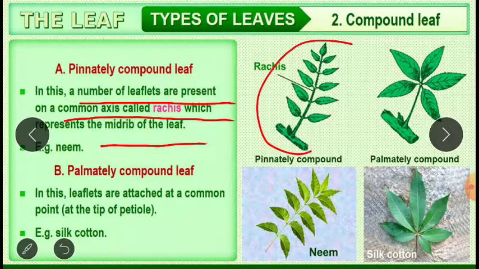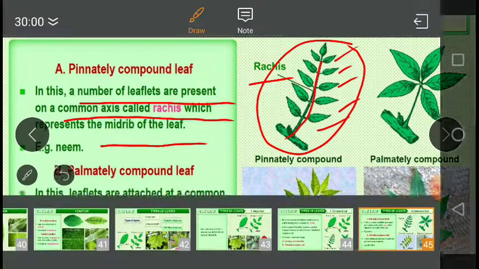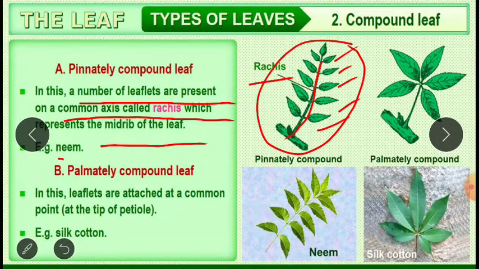As you can see over here, the midrib of the leaf, known as the rachis, contains the leaflets, like you can see in the neem plant. So this type of leaf is known as the pinnately compound leaf.